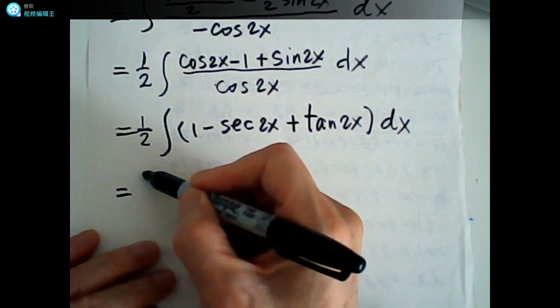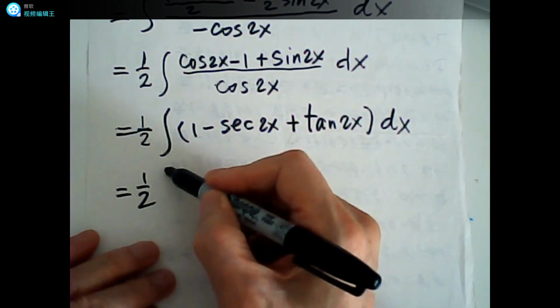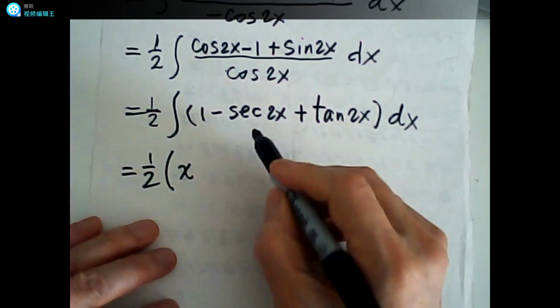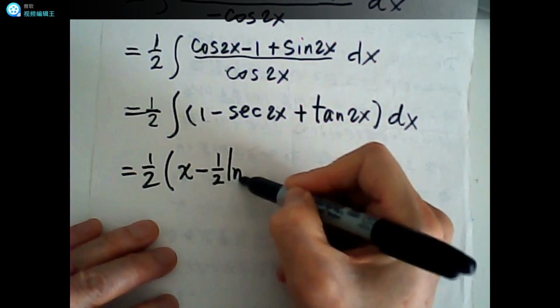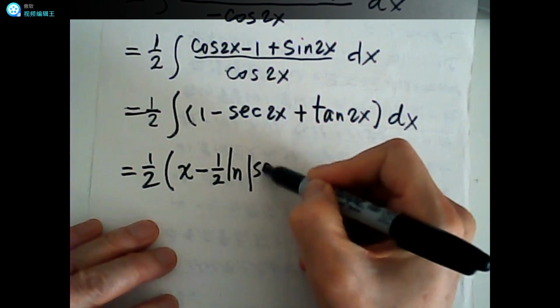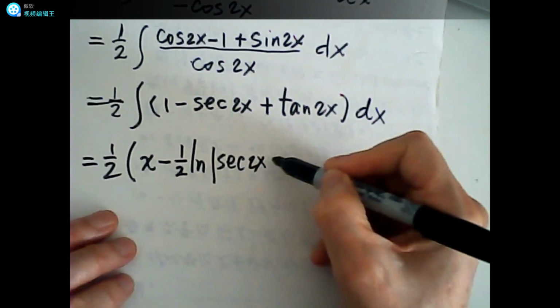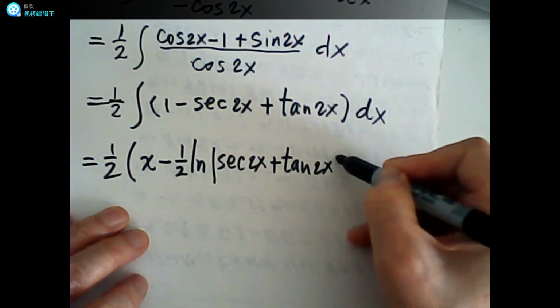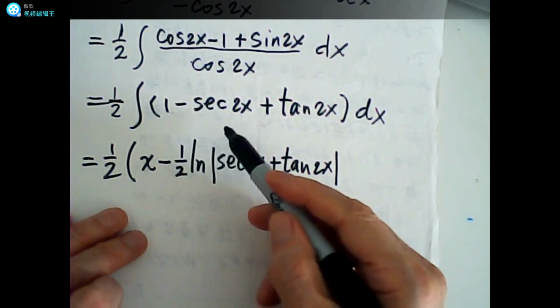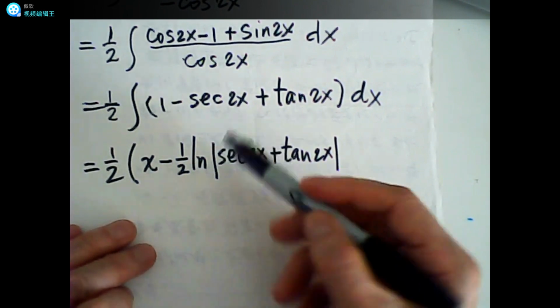Then we integrate one by one. This one is x. This integral is half log of secant 2x plus tangent 2x. Now, you may have done that before, okay?